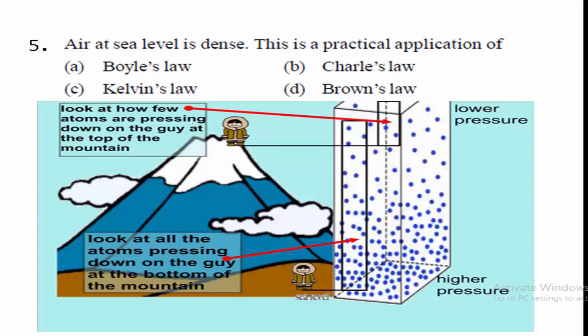Here I have given one diagram where it indicates at sea level. At sea level there are more molecules and hence the pressure is high. At high level there are fewer molecules and hence there is low pressure, and this is explained with the help of Boyle's law, because here volume is more and hence pressure becomes low.